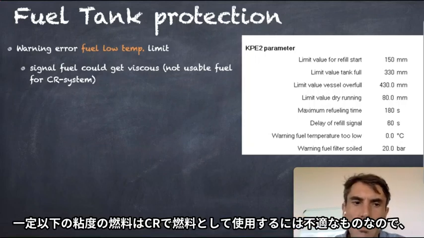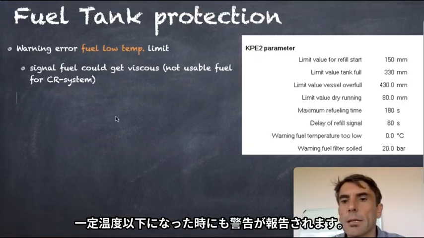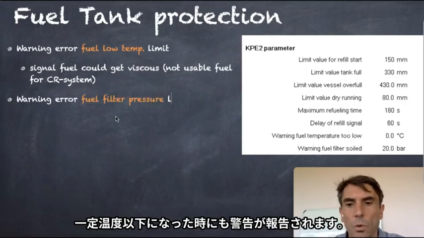So to prevent that, we have a temperature limit, and this gives only a warning, only to give the operator an indicator that there is something wrong, or the fuel is too cold.